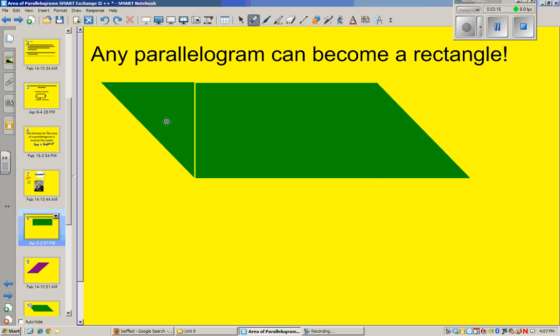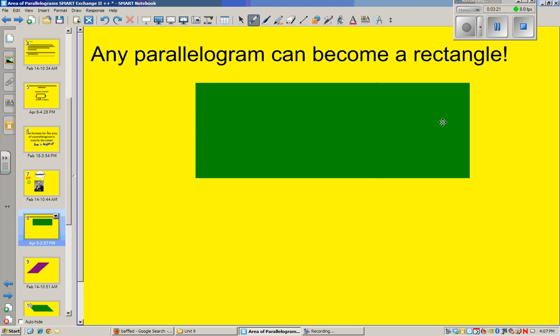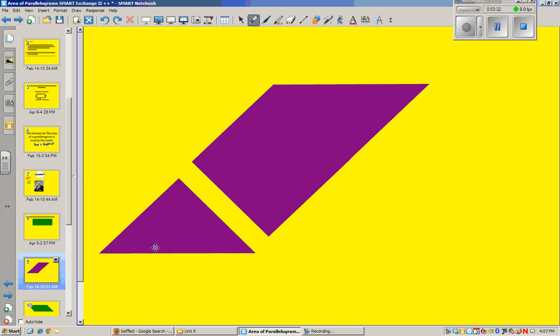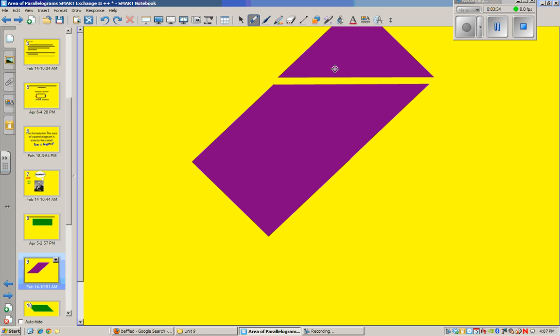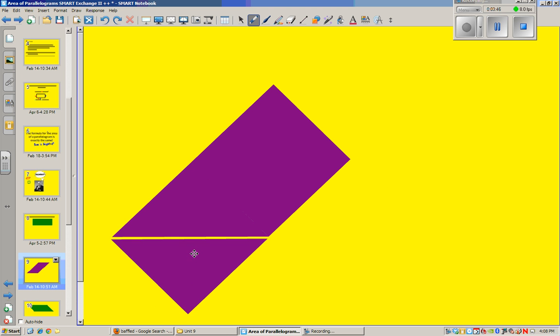Let's watch that again. Parallelogram, boom, rectangle. So any parallelogram can become a rectangle. Let's take a look at another one. Here's one of those funky ones that's kind of standing on end. Watch what I can do. Boom, rectangle. Oh, you want to see me go the other way? Boom, rectangle.